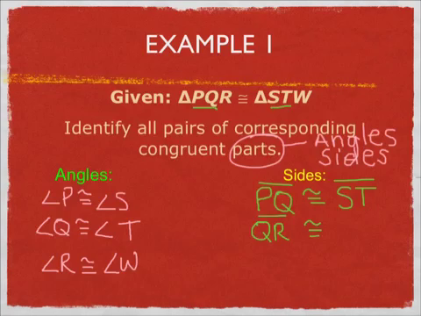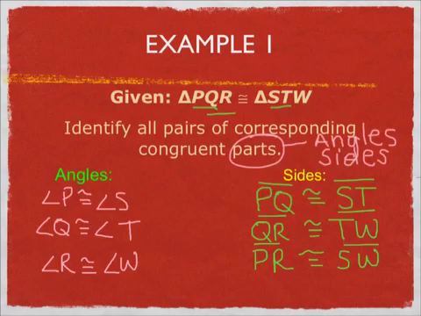TW. Perfect. What segment am I missing? Hunter? PR. Good. You're going to have segments between all 3 of your points. So PR would match up with SW. Good.